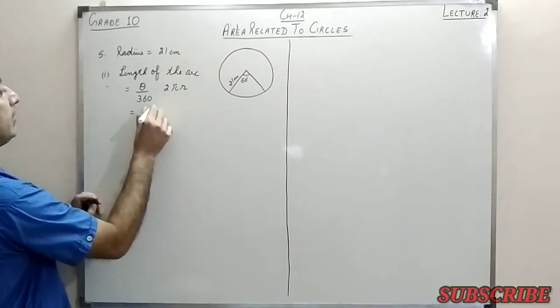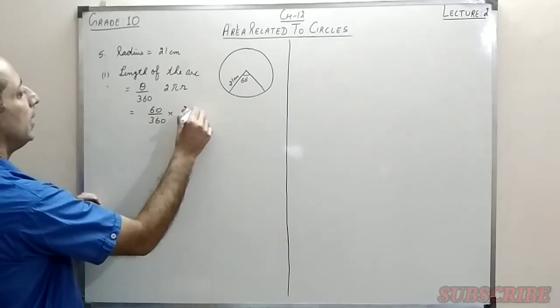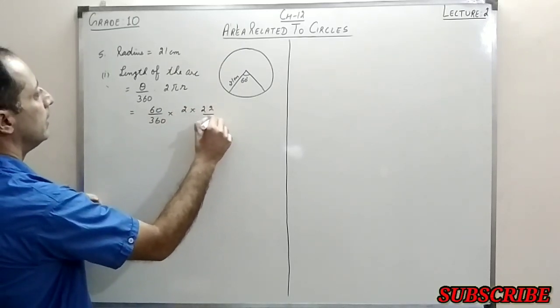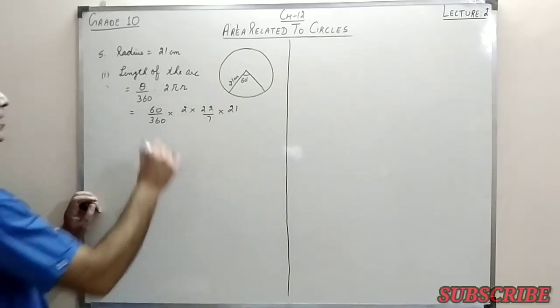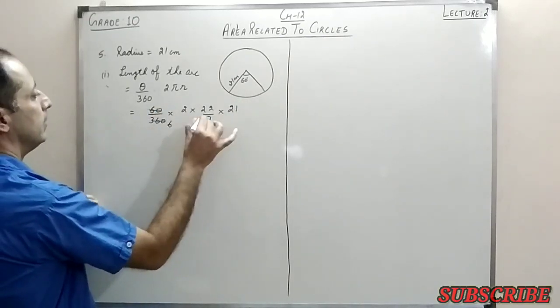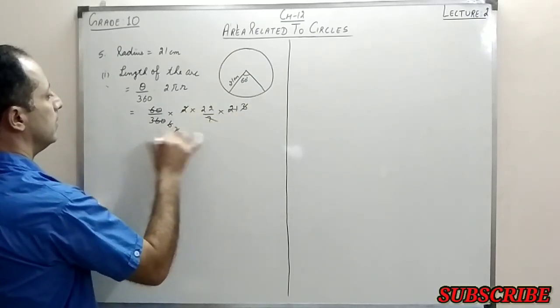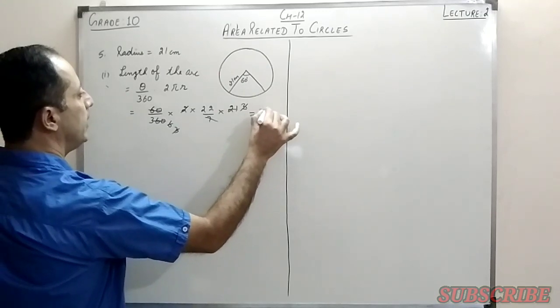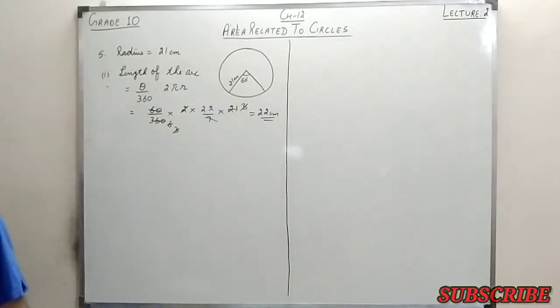So this is 60 by 360 into 2 into 22 by 7 and then the value of r is 21. So just cancel it out now. So we have 22 centimeter as the length of the arc. So this is the first part.